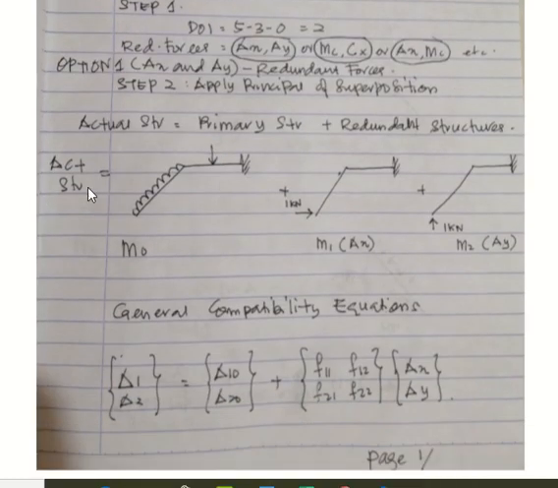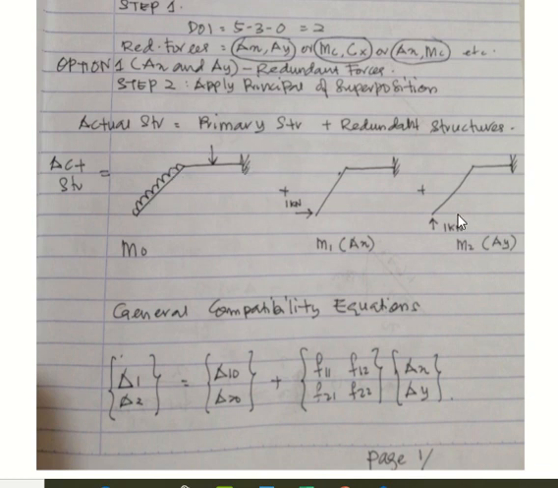That's why your primary structure now has no reaction here, because you remove AX and AY. Similar to redundant number 1, you remove AX, AY, and redundant number 2, you remove AX and AY. Then it means for primary structure and redundant structures, you have the same structure.